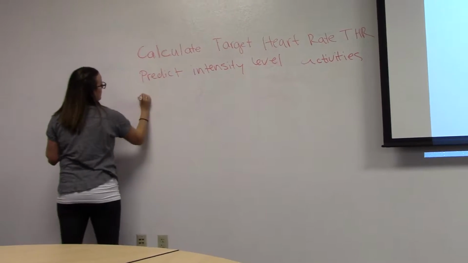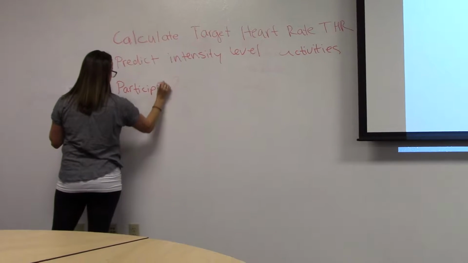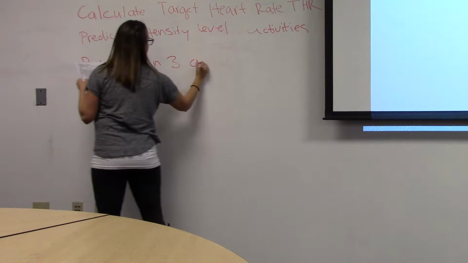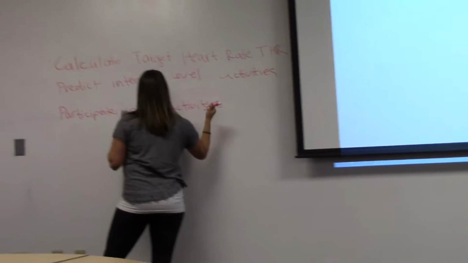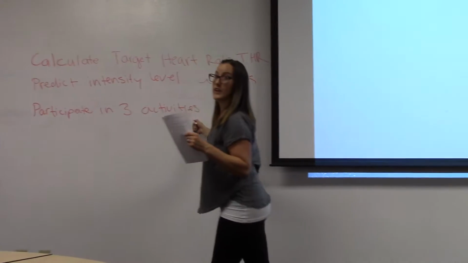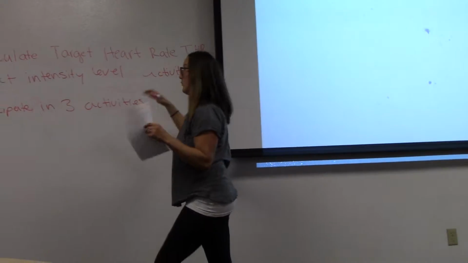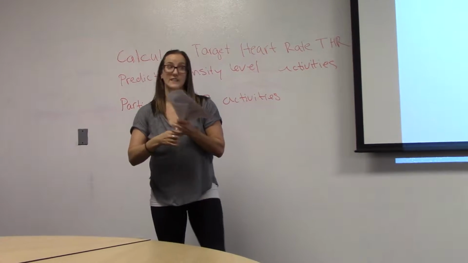And then you'll learn how to participate in 3 activities to identify how intensity impacts your target heart rate. Okay, we'll write out that whole thing, so you all know what our goal of our lesson is today.